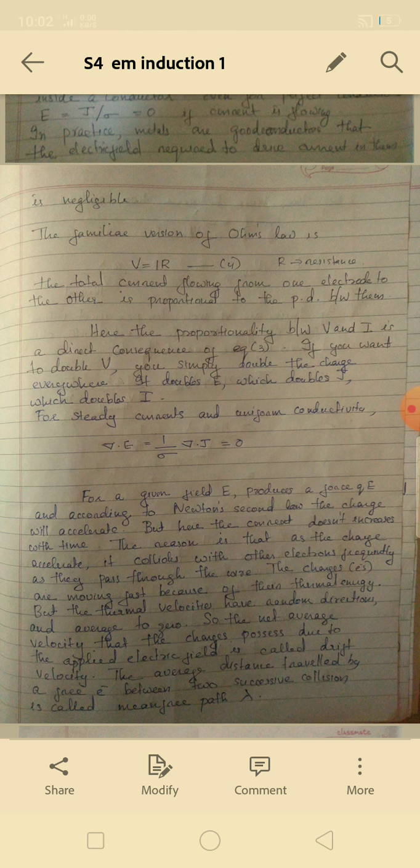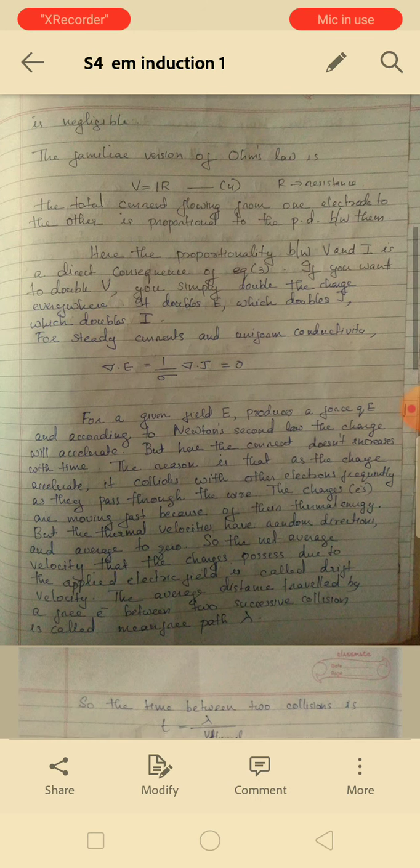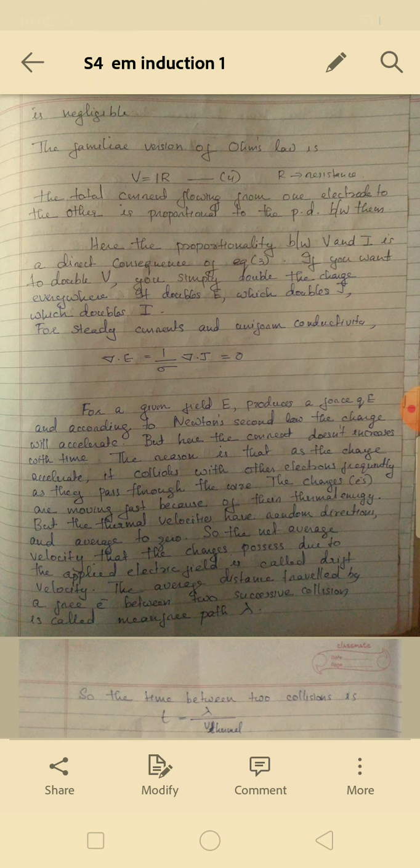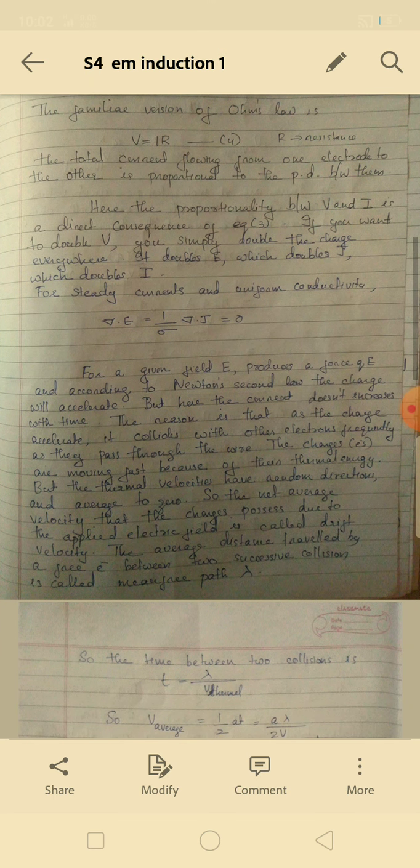It will double the electric field, which doubles current density, and if the current density doubles, current also doubles. That means as V doubles, current also doubles. Okay, that is, V is equal to IR comes from our general equation J is equal to sigma E. But for steady current and uniform conductivity, del dot E, which is equal to 1 by sigma del dot J, is equal to 0.